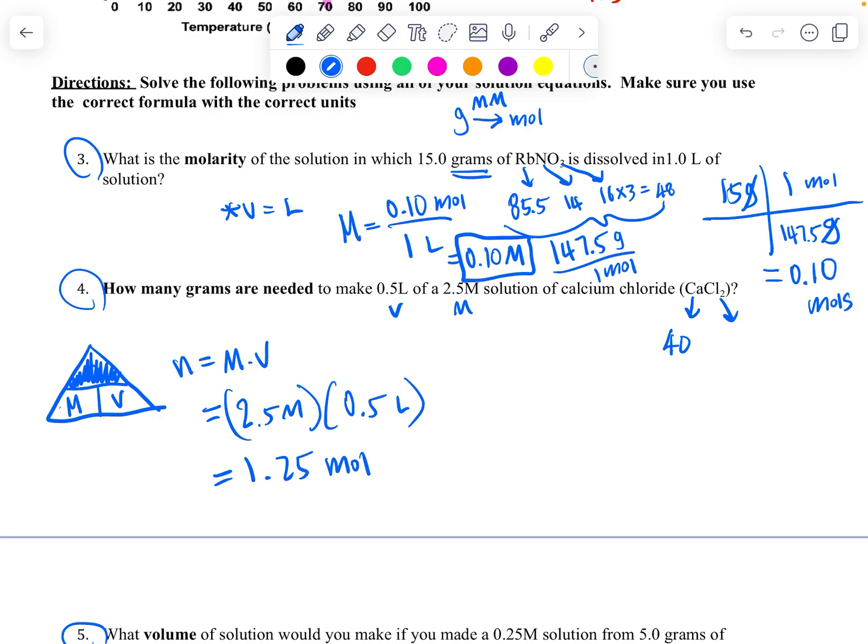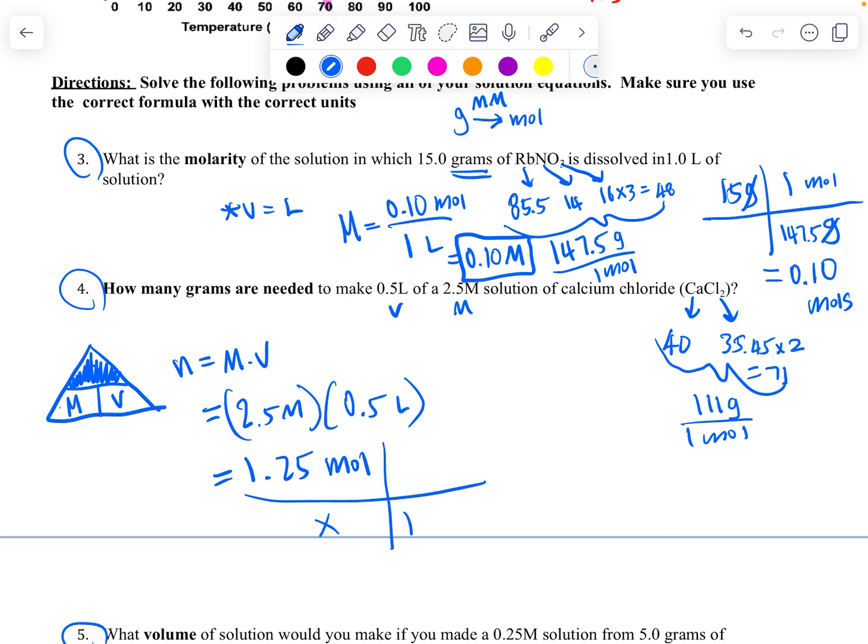Chlorine is 35.45, but I'm going to have to multiply that by 2, right? Because there's 2 chlorine, and that is roughly 71, okay? So if I add these up, that gives me 111 grams per 1 mole. Okay, that's pretty simple. So what do I have to do here? Just use the molar mass that I've just found.